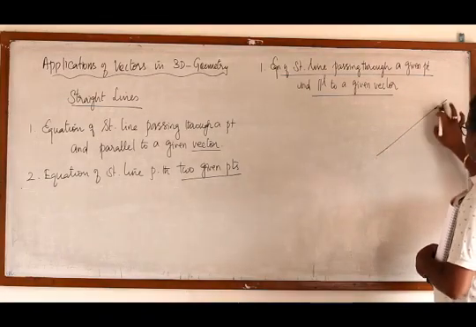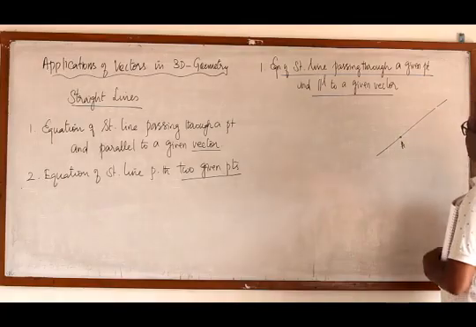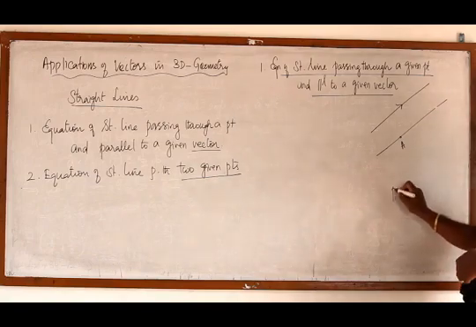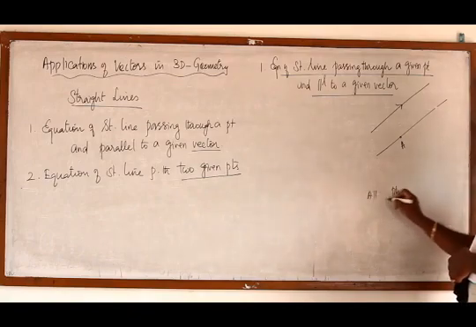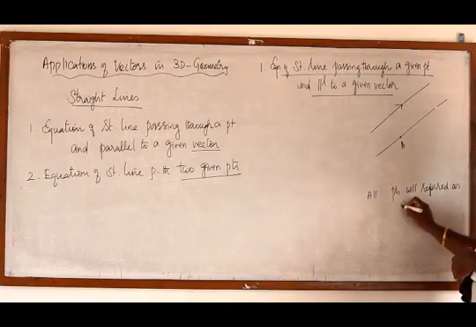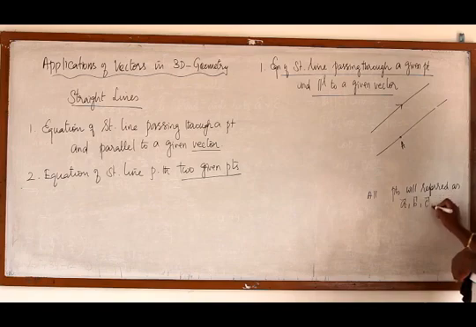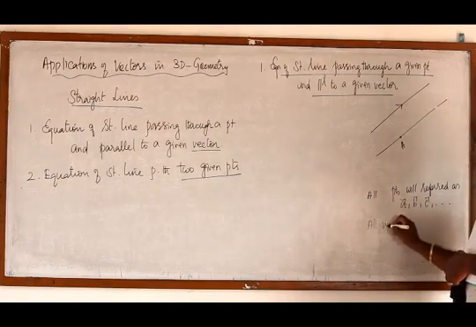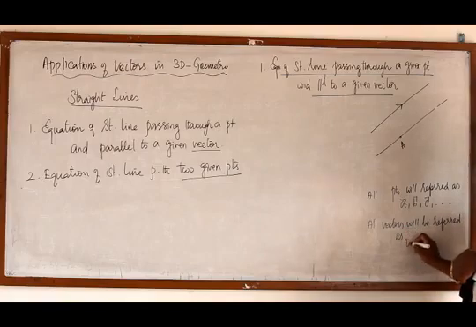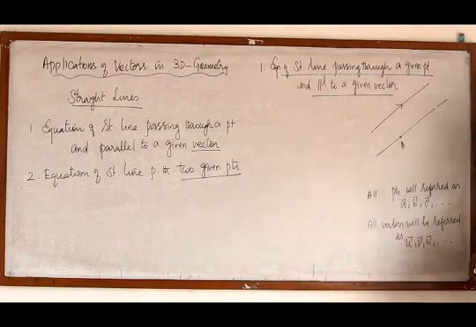This straight line is passing through a point A and parallel to a vector. Now we shall decide like this: all points will be referred to as A vector, B vector, C vector, etc., and all vectors will be referred to as U vector, V vector, W vector, etc. So this we are going to follow in our 12th standard.